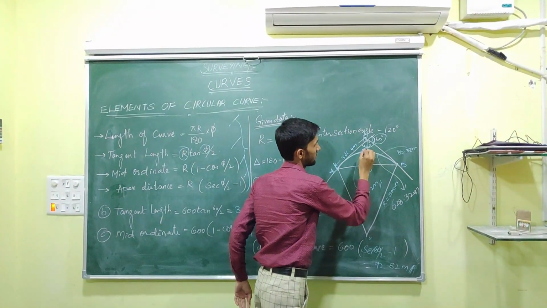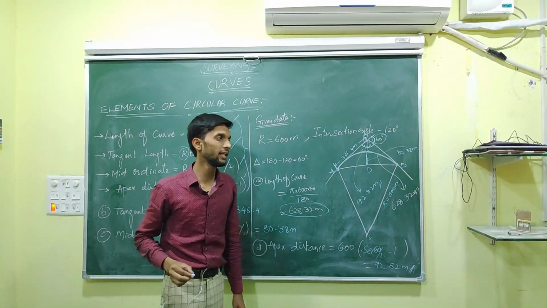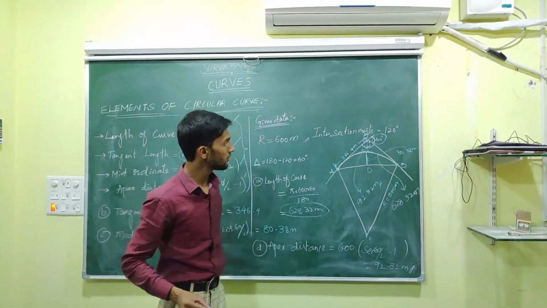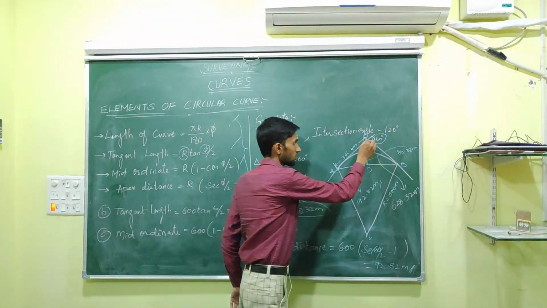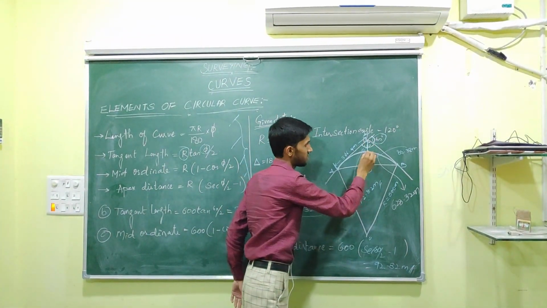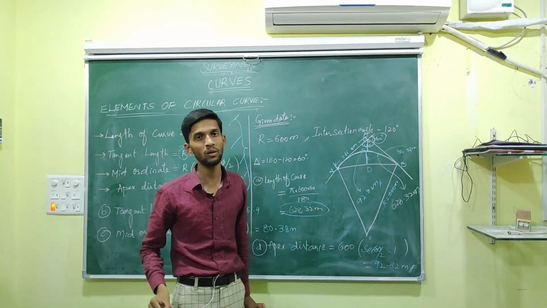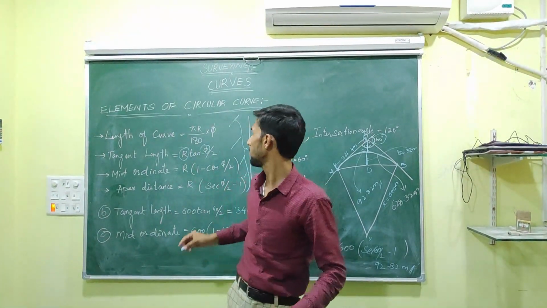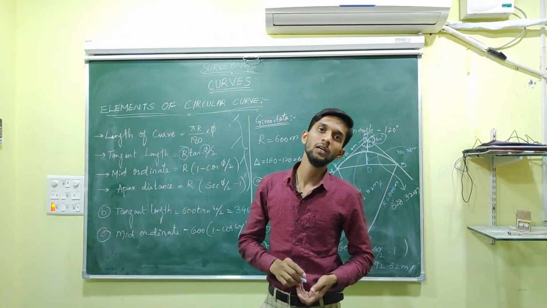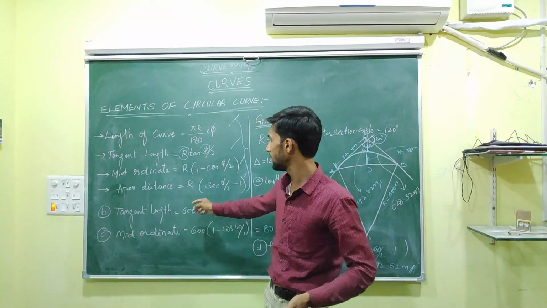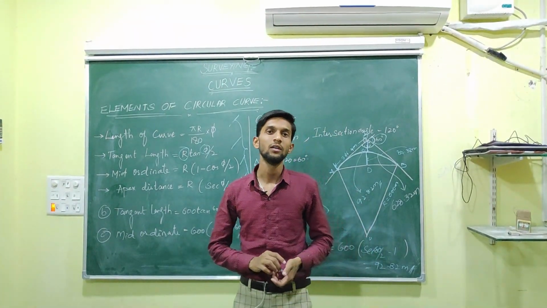Suppose this is D, this is C. This is the length of mid ordinate, DC, that is 80.38. And apex distance, the distance between I and C, is called the apex distance, that is 92.82 meters. So if you remember the formulas, you can easily calculate the length of the curve, tangent length, mid ordinate, and also the apex distance.